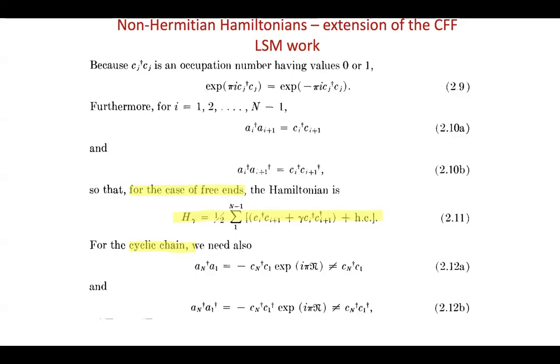Makes all the difference in the world. It no longer becomes solvable. When it is XY, under this transformation it's a non-interacting electron gas. When it's XYZ, under this transformation it's an interacting electron gas. And of course, an interacting electron gas is a very complicated problem. It has different properties. So the Heisenberg model and the XY model are very, very different in the physics that they bring up.